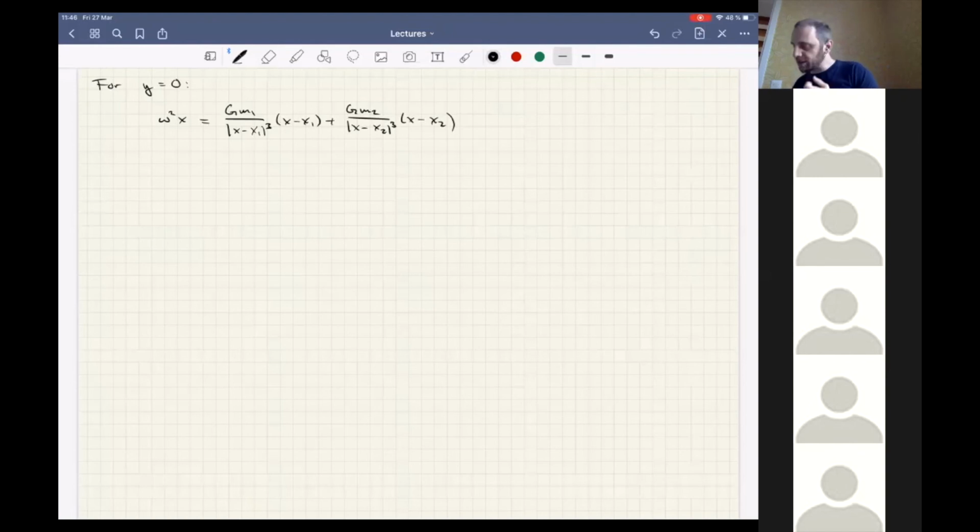I'm not going to solve this analytically. I'm just going to look qualitatively at how many solutions we expect for this.